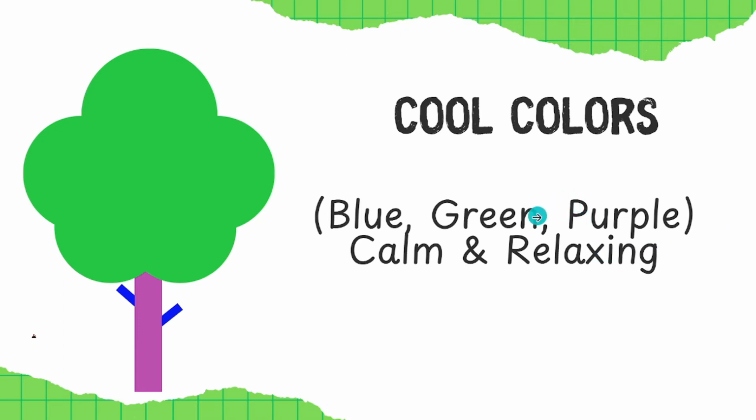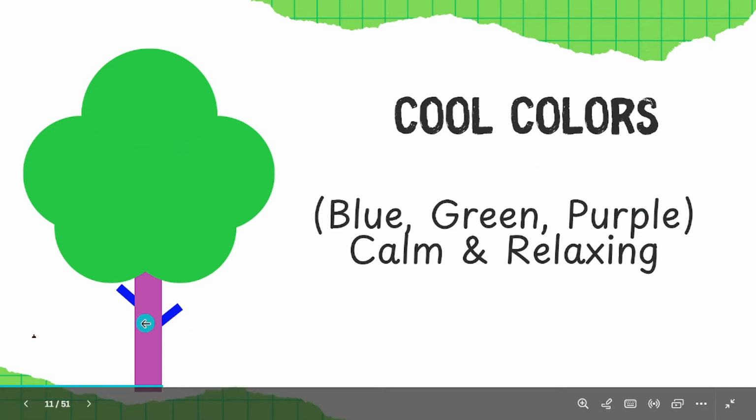The cool colors comprise blue, green, and purple. How do these colors make us feel? They make us feel calm and relaxed. I used shapes to make this simple tree using the cool colors: the green, the purple, and the blue.